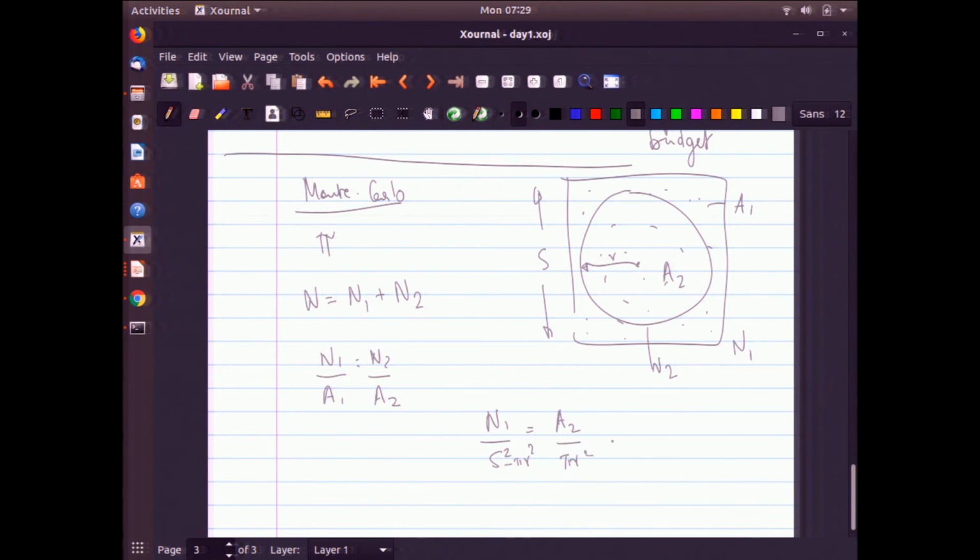And then now you can solve. The only thing you don't know is pi. You can measure n1, you can measure n2, and you do this. If you have enough time like he did, you drop it, iteration after iteration. So I used n1, n2, iteration number 1, 2, 3.